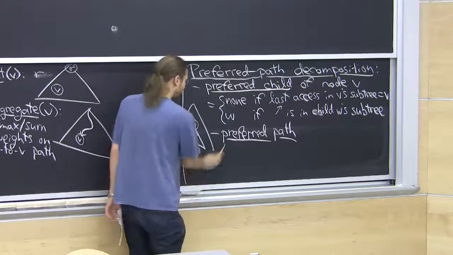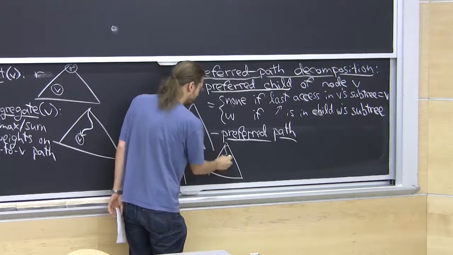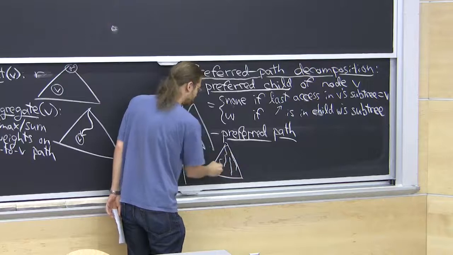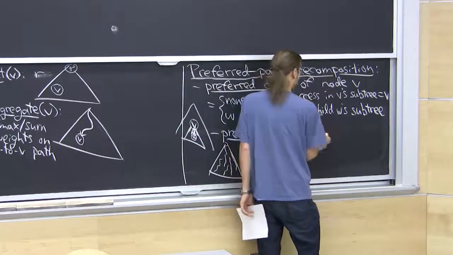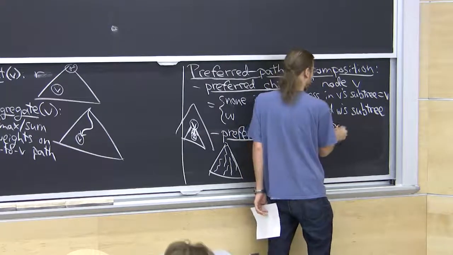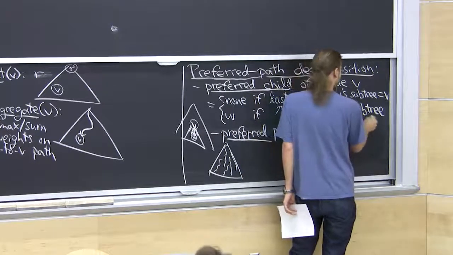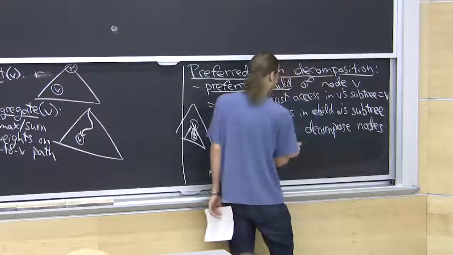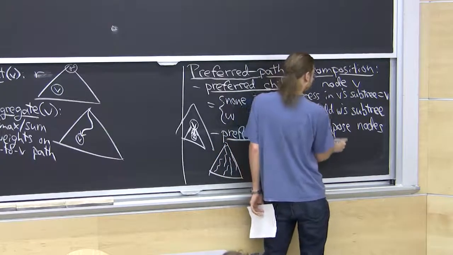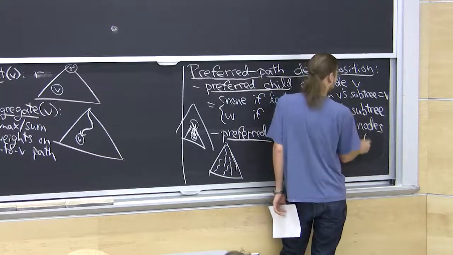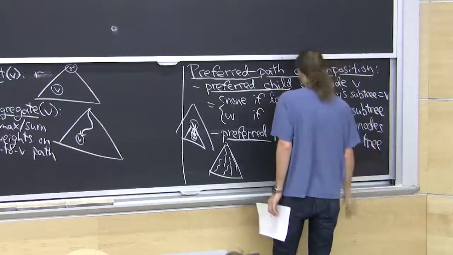But in general, we have some tree, and you follow for a while, and then there's going to be a bunch of things like this. We decompose the nodes in the represented tree. Partition the nodes. Every node belongs to some preferred path.